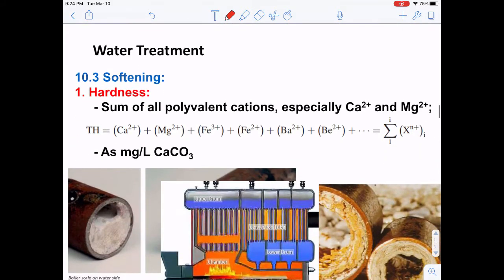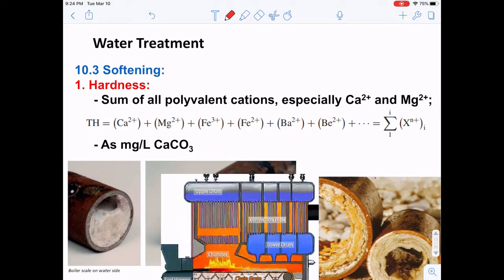Since we talk about chemistry, we need to mention another very important process for drinking water treatment, which is called softening. Softening is widely applied when we need to deal with groundwater, or if the water is coming from deep wells.